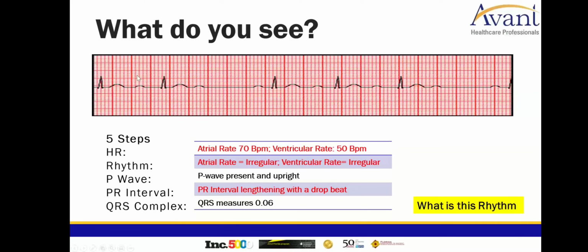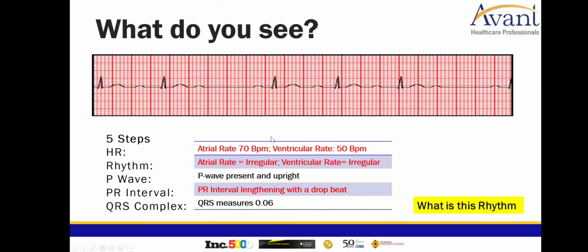I don't know if you can see my cursor, but this is a P wave. If I count these P waves, 1, 2, 3, 4, 5, 6, 7, I have 7 P waves, so I have 70 beats per minute for my atrial rate. However, my ventricular rate is only 1, 2, 3, 4, 5, so 50 beats.